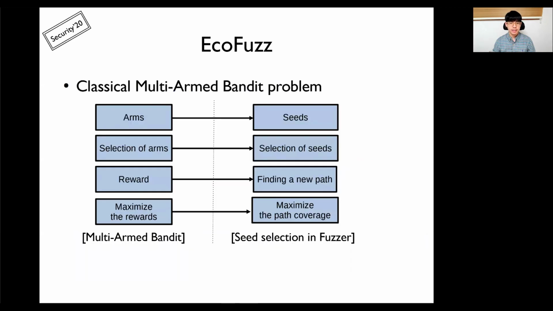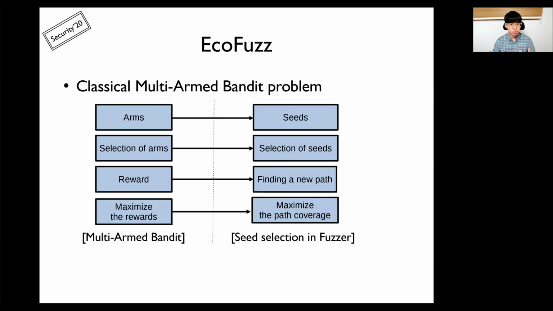First, let's consider the classical multi-armed bandit problem. We can transform the arms of the multi-armed bandit problem into the seeds of mutation-based fuzzing. Likewise, the selection of the arms corresponds to the selection of the seeds. And reward can be defined as finding new paths or branches.